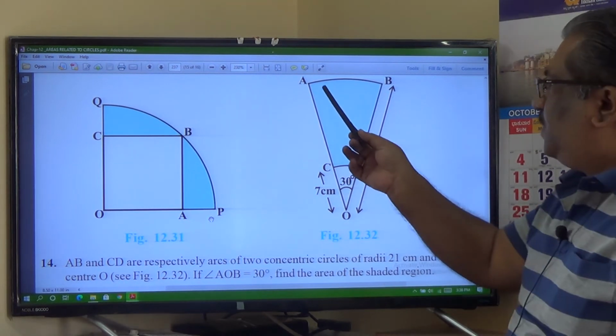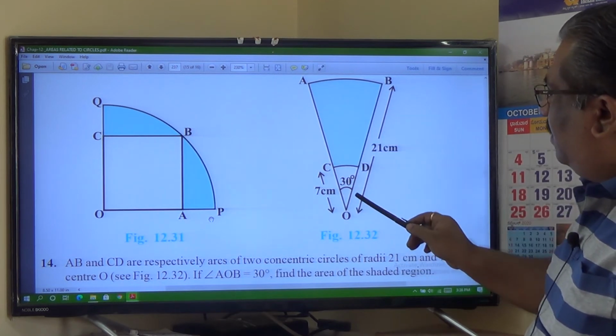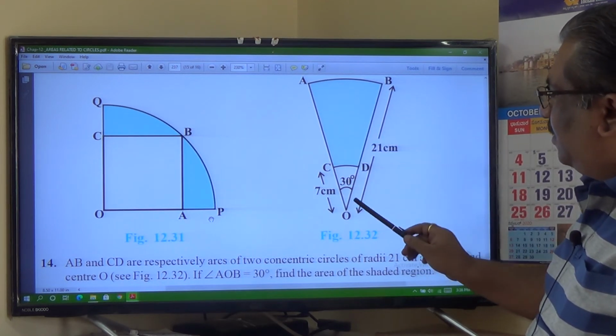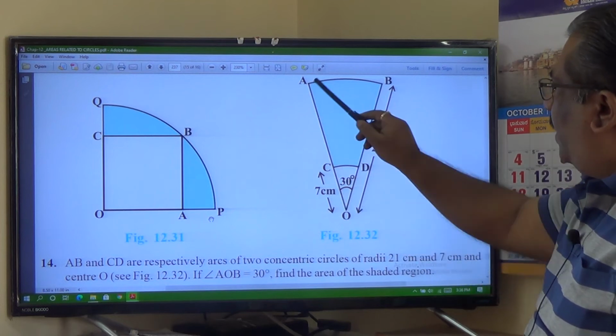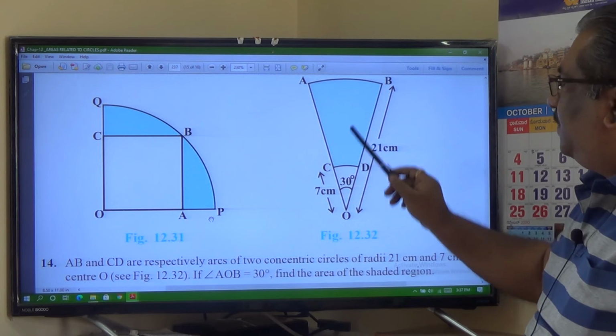Simple. Area of the shaded region is equal to area of the outer sector minus area of the inner sector, or area of the sector OAB minus area of the sector OCD.